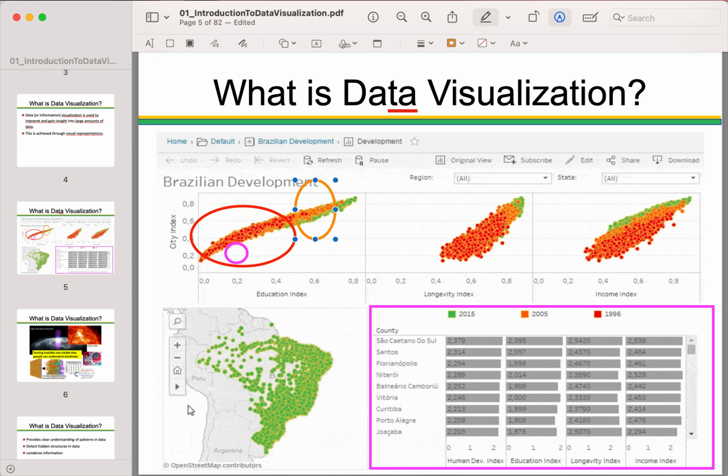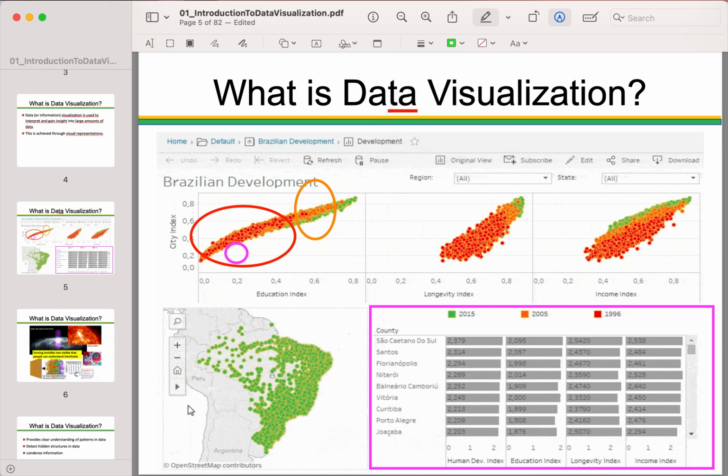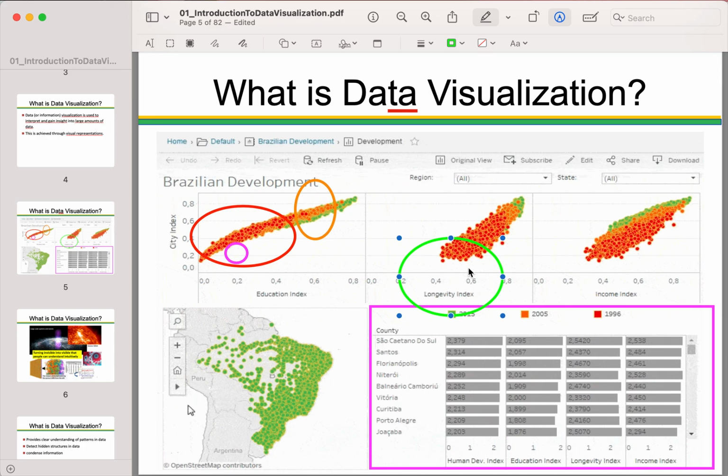And the green ones, for example, could represent the elderly people in Brazil. So these are three clusters that have some common property, or these are objects that are similar to each other on our plot.